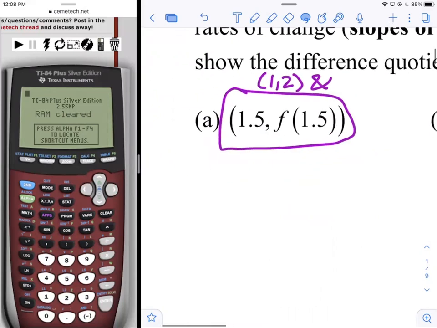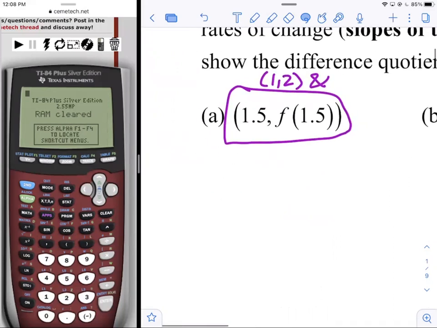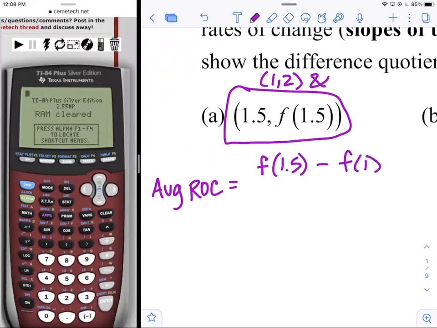So just to do this, we could either say the average rate of change, average ROC equals, f of 1.5 minus f of 1 all over 1.5 minus 1. Okay, what do we call that?